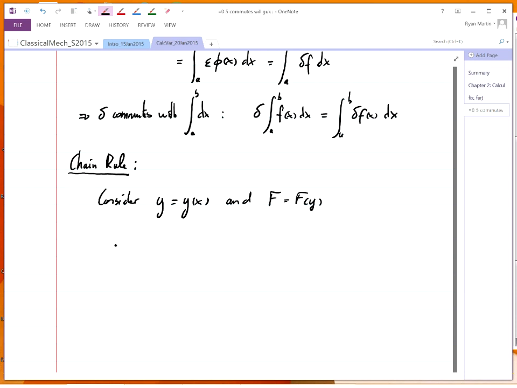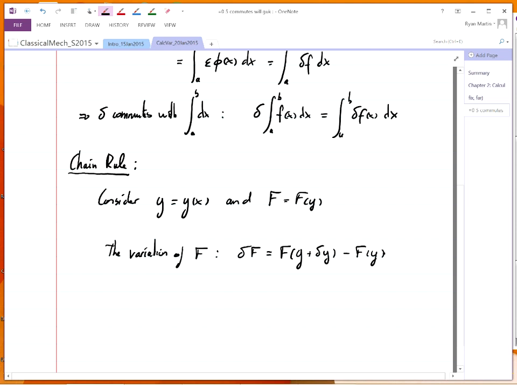So the variation of capital F, delta F, that's equal to F evaluated at y plus delta y minus F evaluated at y.